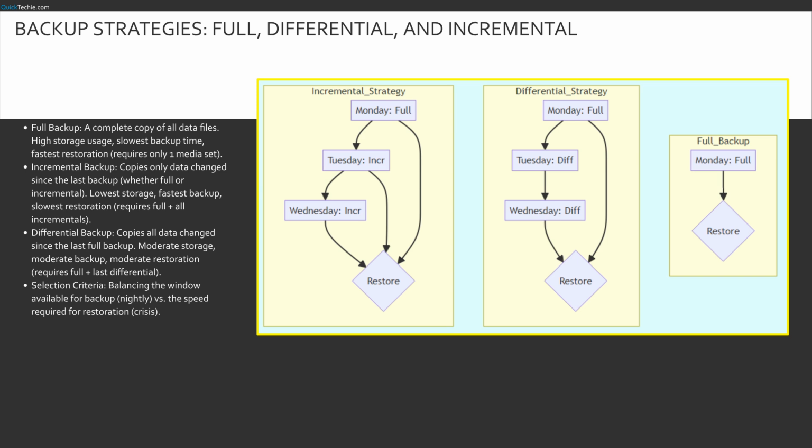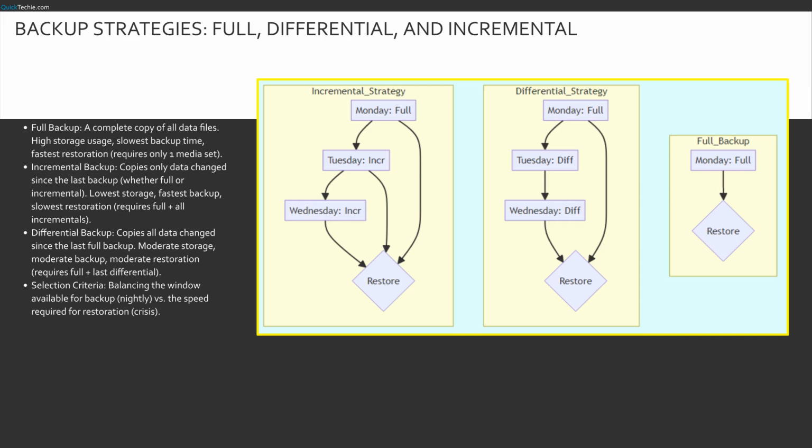Finally, the differential backup. This captures everything changed since the last full backup. It grows larger throughout the week, but offers a faster restore than incremental because you only need 2 sets, the last full and the last differential. Your choice depends on what hurts more: the time it takes to back up at night, or the time it takes to restore during a disaster.